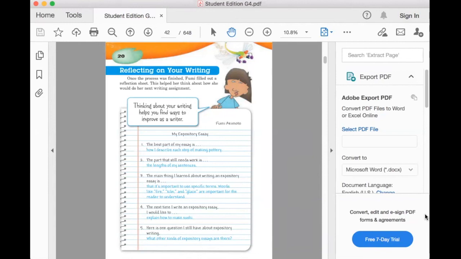Words like fire, kiln, and glaze are important for the reader to understand. The next time I write an expository essay, I would like to explain how to make sushi. Here is one question I still have about expository writing.